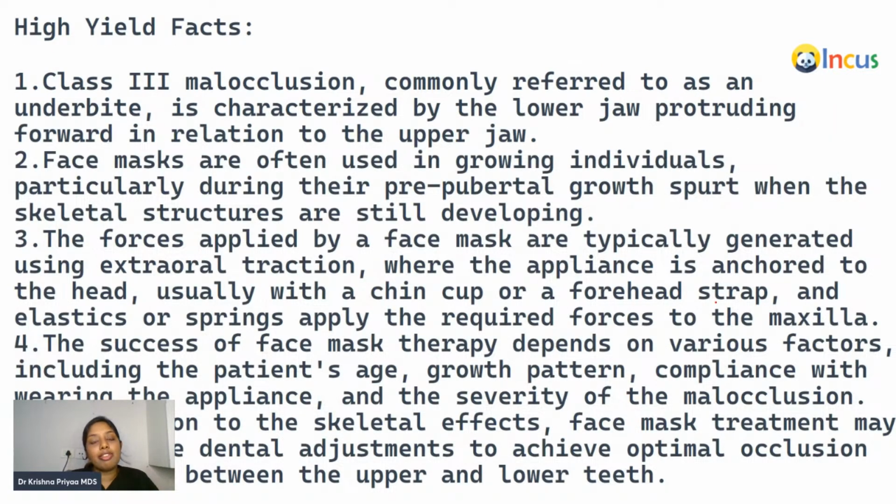Generally the face mask is given in conditions wherein class 3 is majorly expected, and it is given along with the expansion appliance, and only in patients who are in their pre-pubertal growth spurt. Why? Because for everyone the maxilla forms way before the mandible.